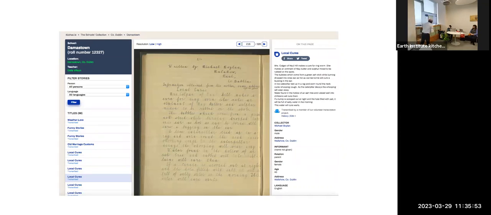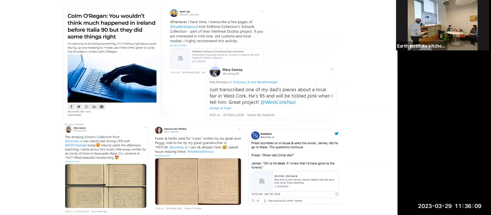This is written by Michael Boylan from Malahide, North County Dublin, Damastown National School. And again, it gives you a range of the items on the list on the left-hand side of what was contained in that.